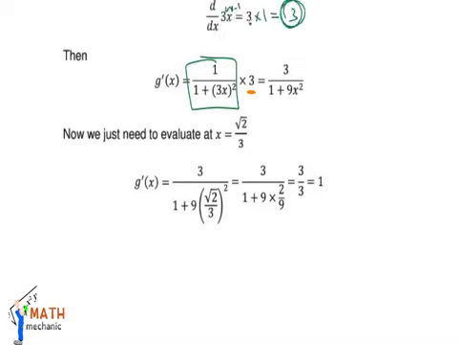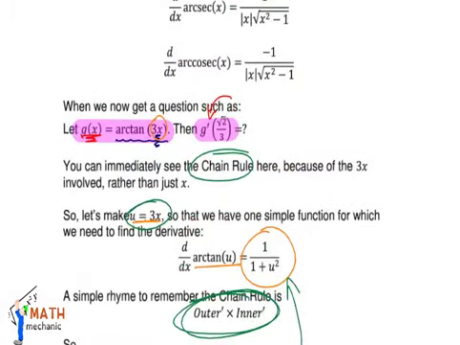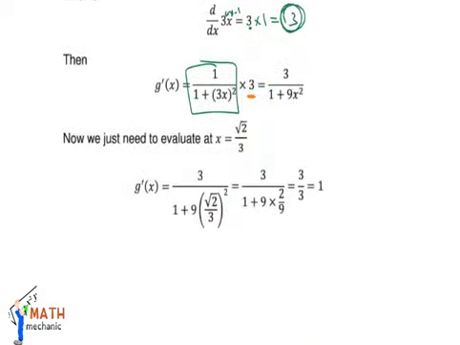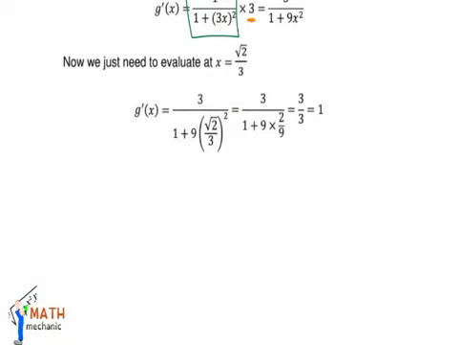Now the original question said we need to find the value of this first derivative at that point, square root 2 over 3. So we'll just evaluate at x equal to square root 2 over 3. That's all we do. Replace that x there with square root 2 over 3. And again, it's just normal algebraic fractions. The square of square root 2 just becomes 2, and the square of 3 becomes 9.